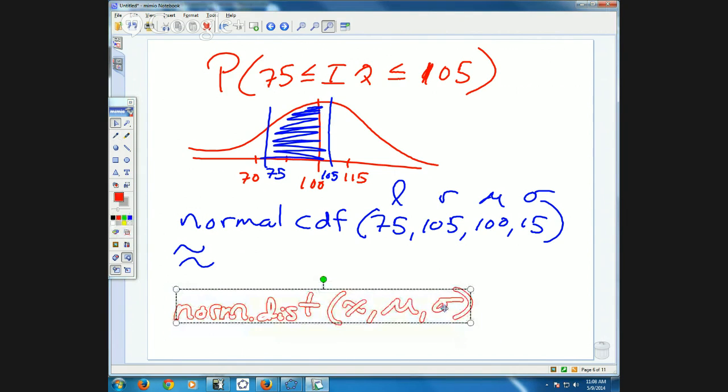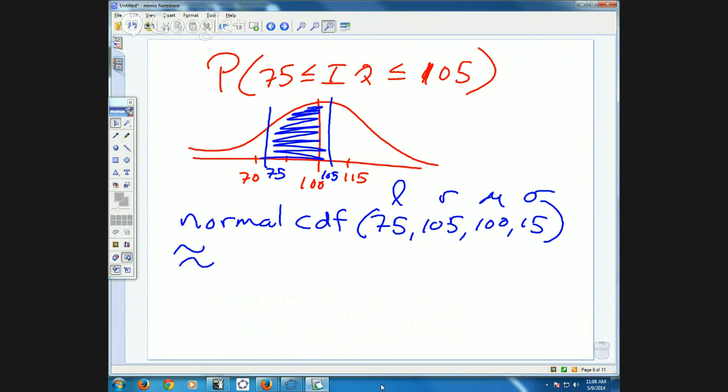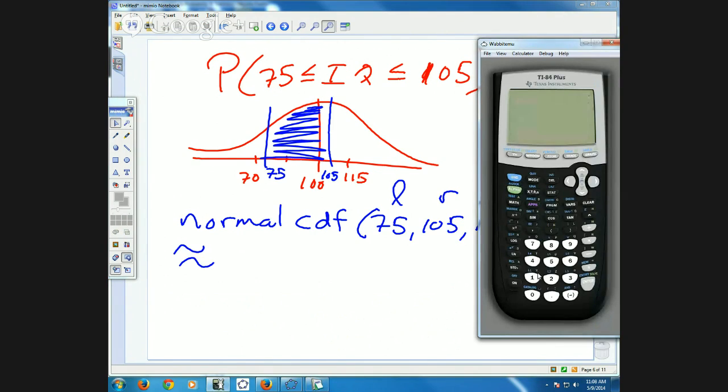What do you get? About 58%? Okay, on a good day. Let's check if we're having a good day. I can just augment the previous one. Okay, so I want my right bound and my left bound.